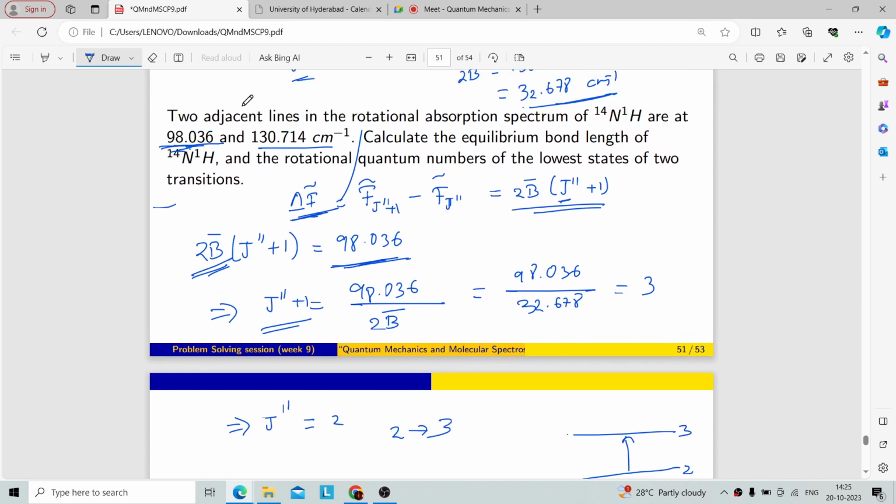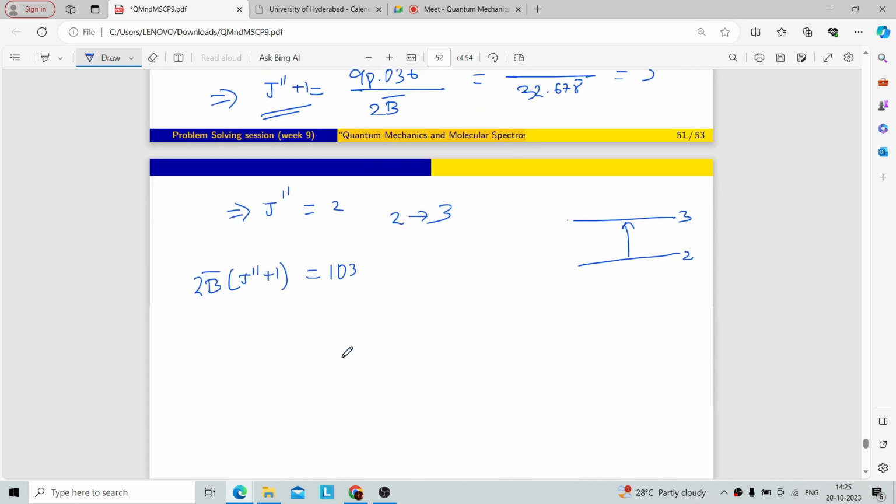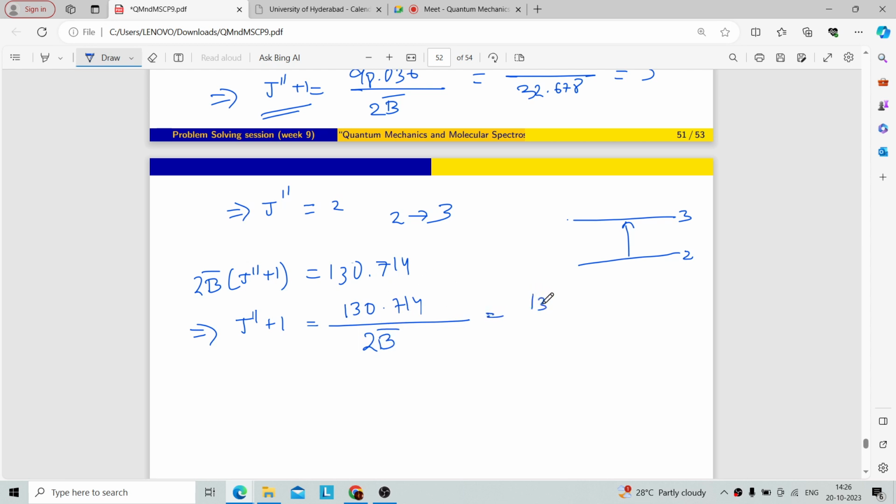Now check for the other line. Similarly, 2B bar times J double prime plus 1 will be equal to 130.714, or J double prime plus 1 will be equal to 130.714 divided by 2B bar, which is 130.714 by 32.678.